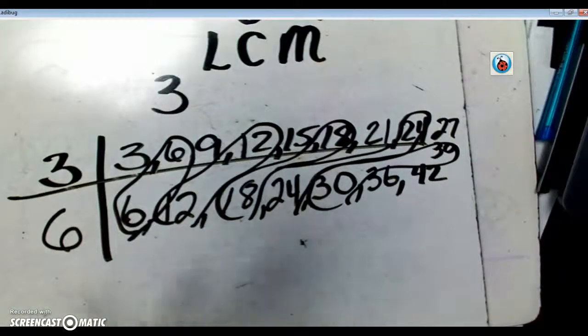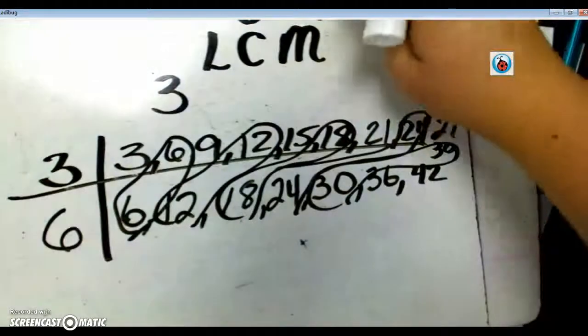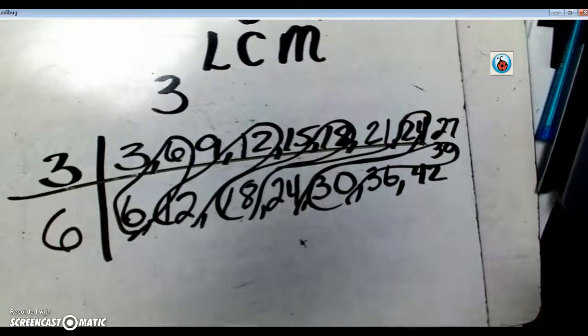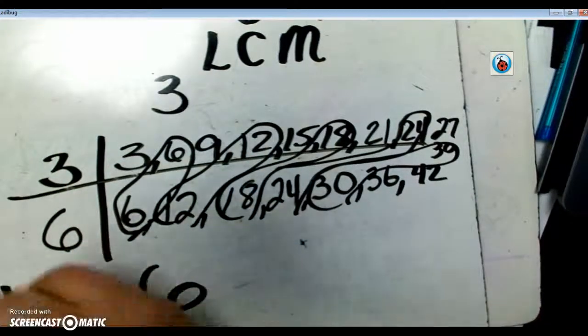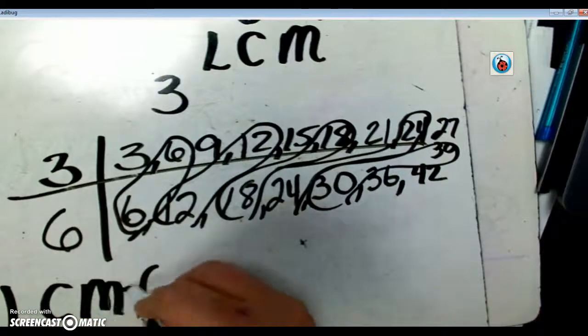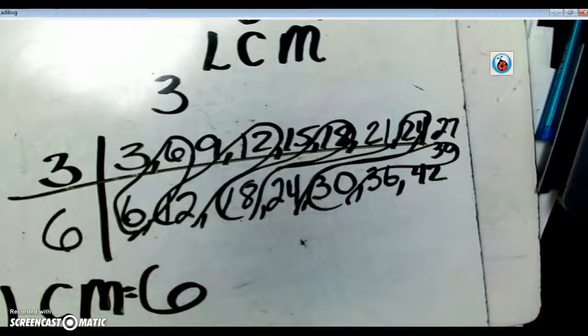But I want to find the least common multiple. So am I looking for the biggest number or the smallest number? Smallest number. So my LCM, or least common multiple, between 3 and 6 would be equal to 6.